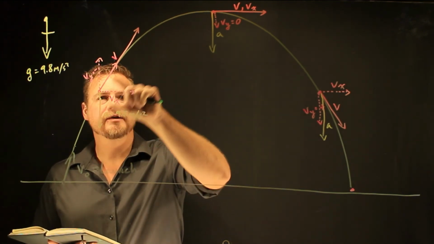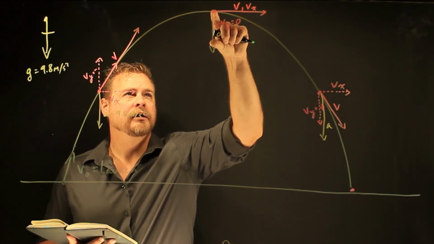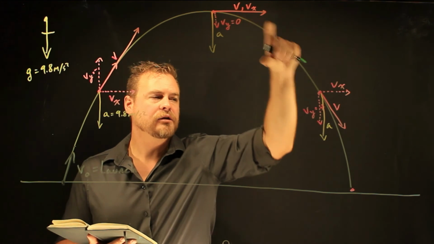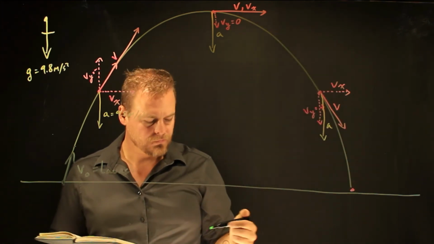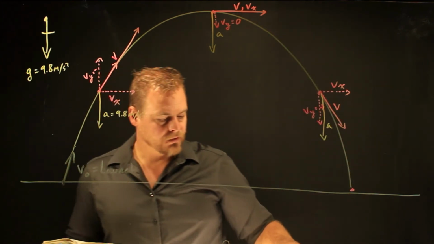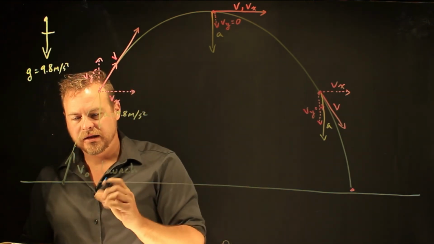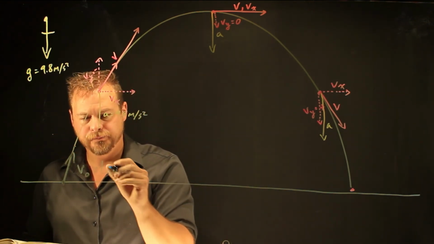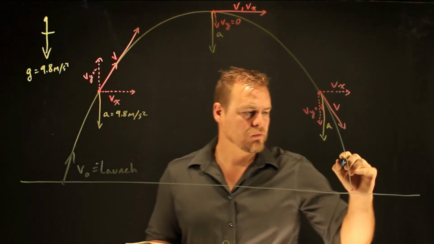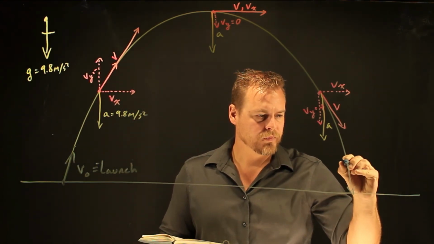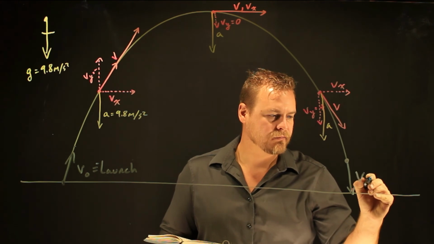It's going to decrease in speed the same as it's going to increase in speed. And so that gives us a fundamental property of this projectile motion, where I can say that the launch speed is equal to the impact speed.